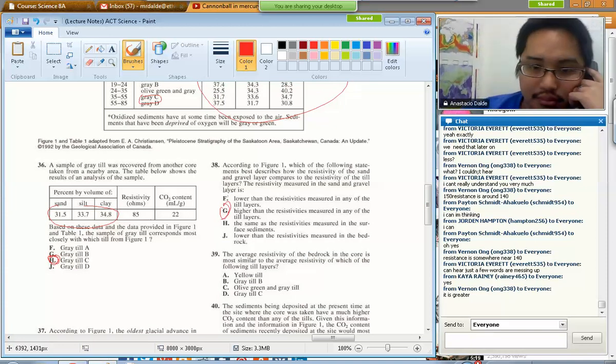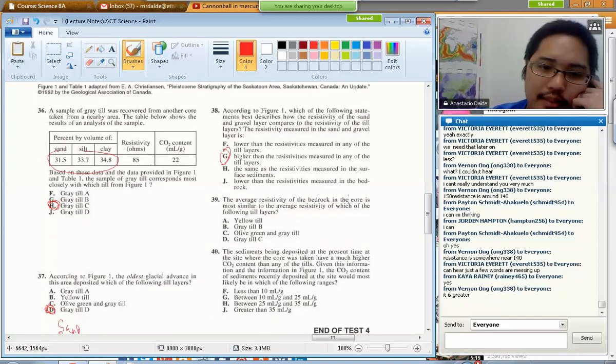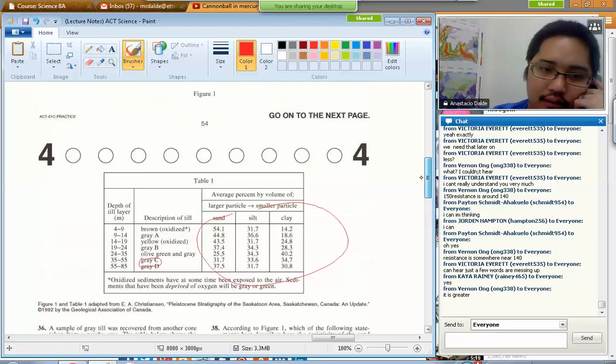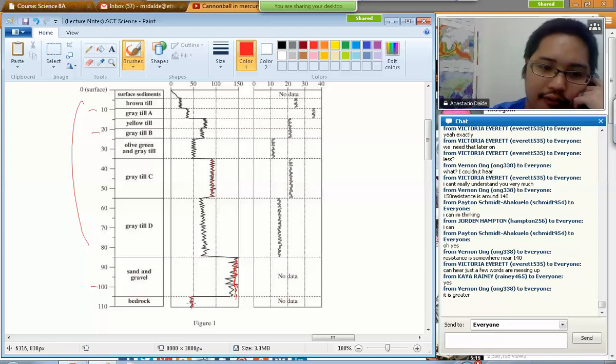That's it. Alright. The average resistivity of bedrock in the core is most similar to the average resistivity for which of the following till layers? Alright, so bedrock's resistivity is similar to what? Now, Vernon already pointed it out. Bedrock only has a resistivity of 50.